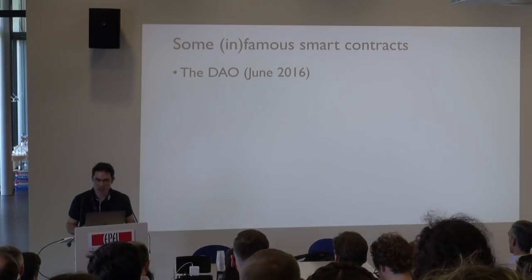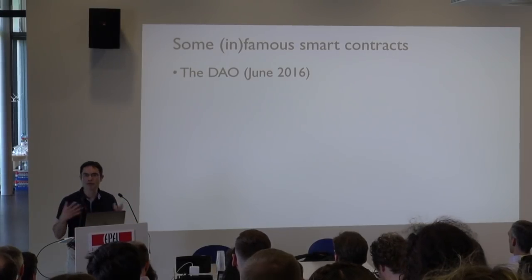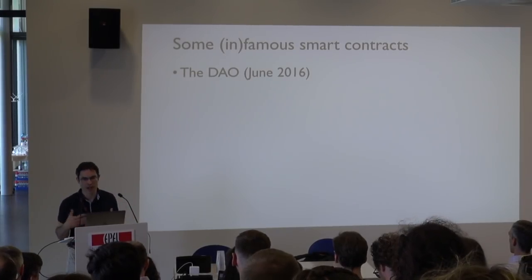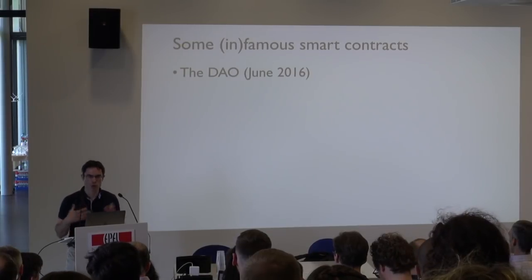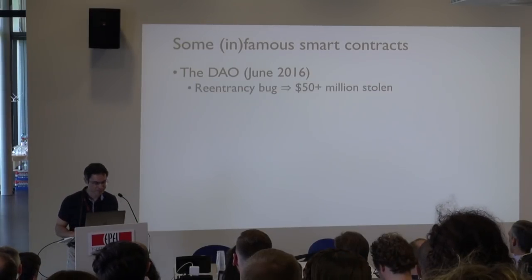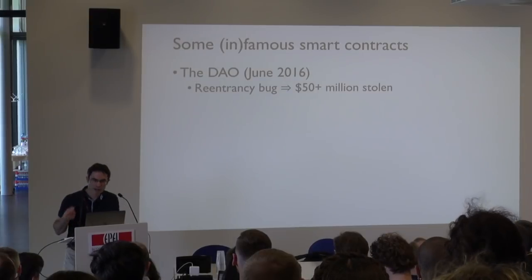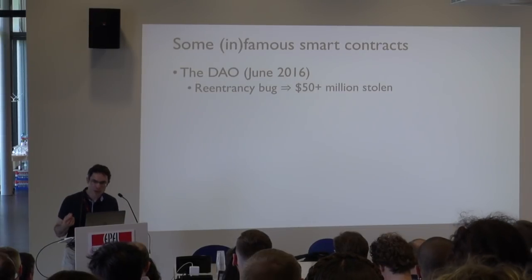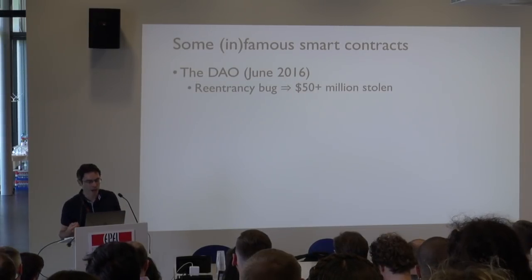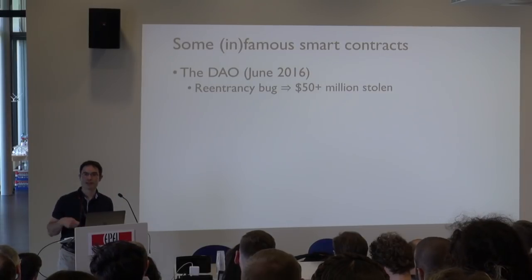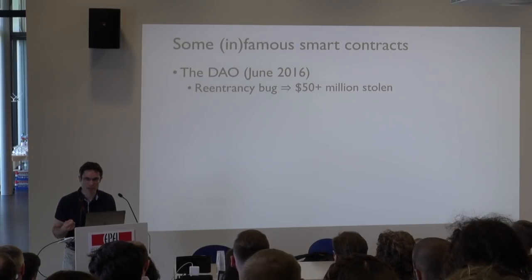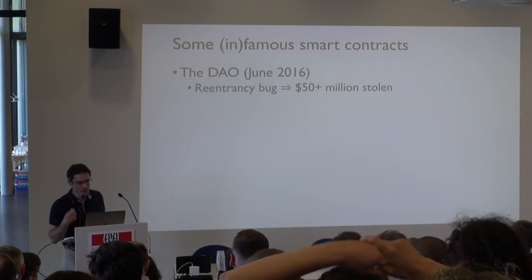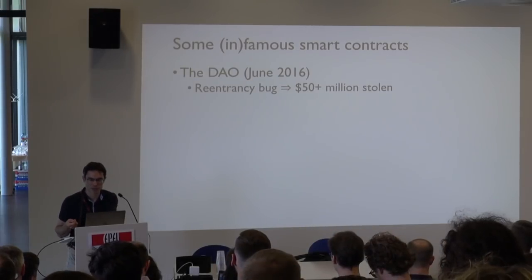The DAO was a kind of crowd-funded venture capital fund, if you will. It was also crowd-administered. The contract running the DAO, unfortunately, had a bug. It had a reentrancy vulnerability that a hacker discovered and exploited, and the hacker was able to siphon off something on the order of $50 million.